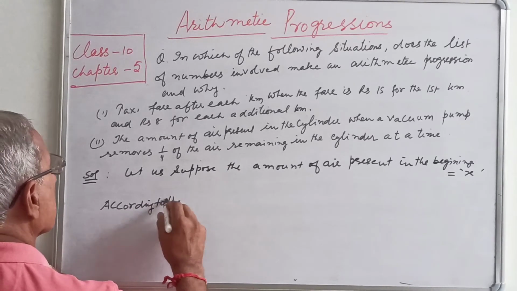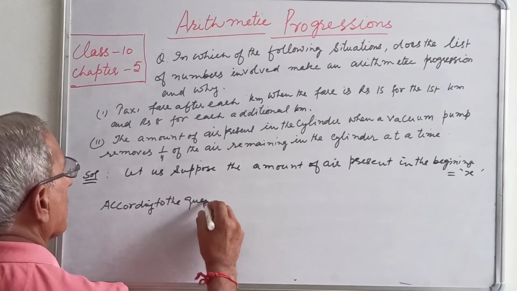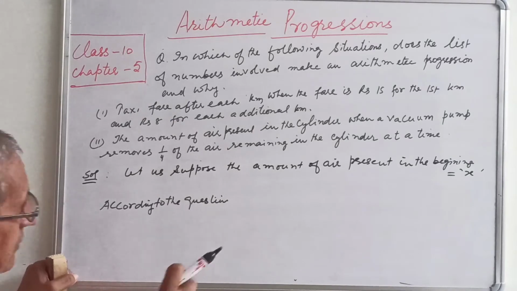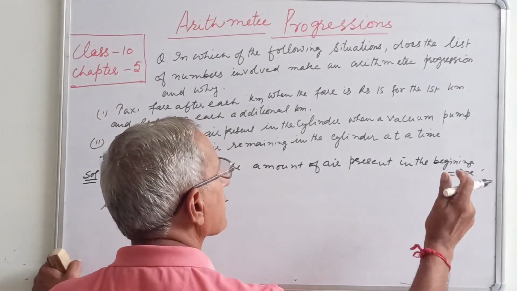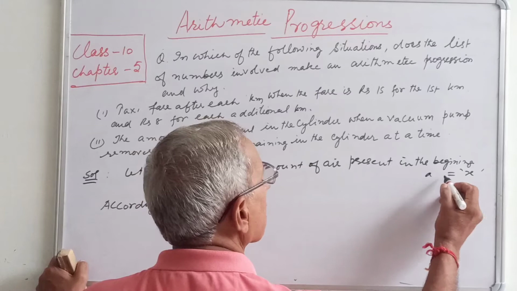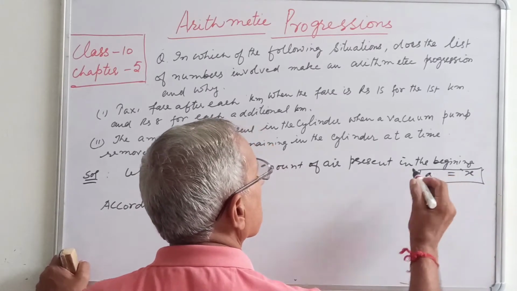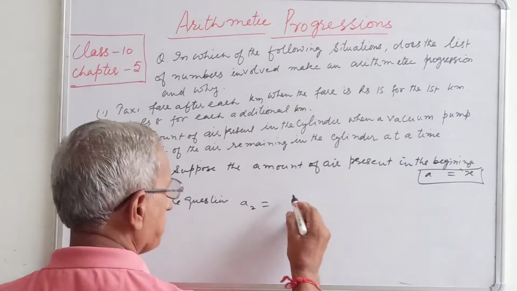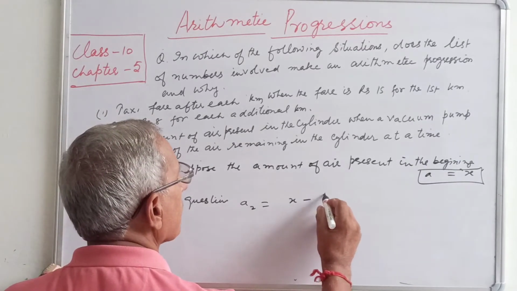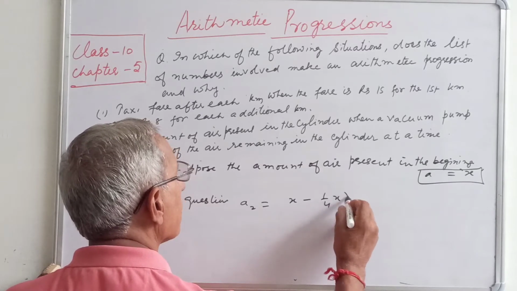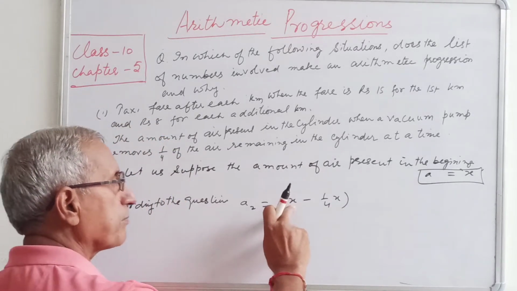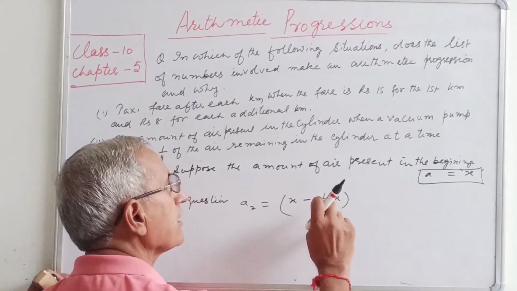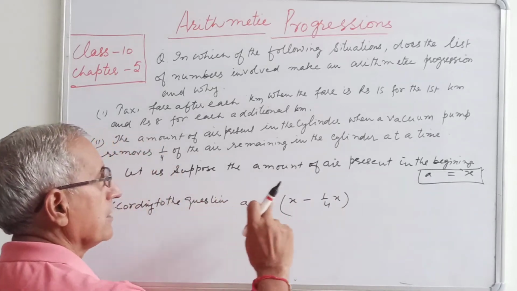According to the given statement, the first term is X. So A is equal to X. The second term, A2, will be X minus 1/4 of X. X is the present air and 1/4 of X is the air removed from the present air.